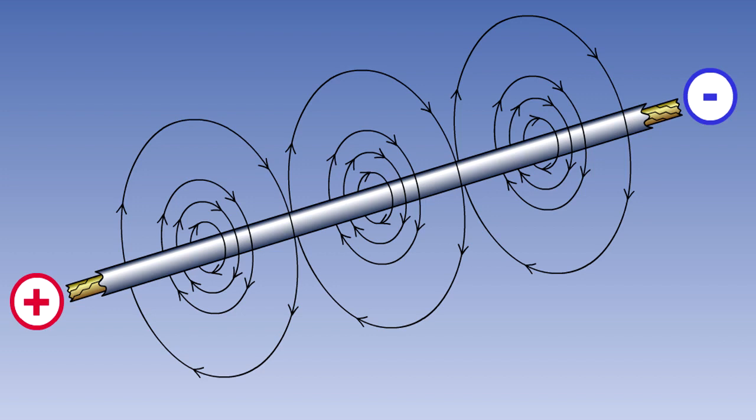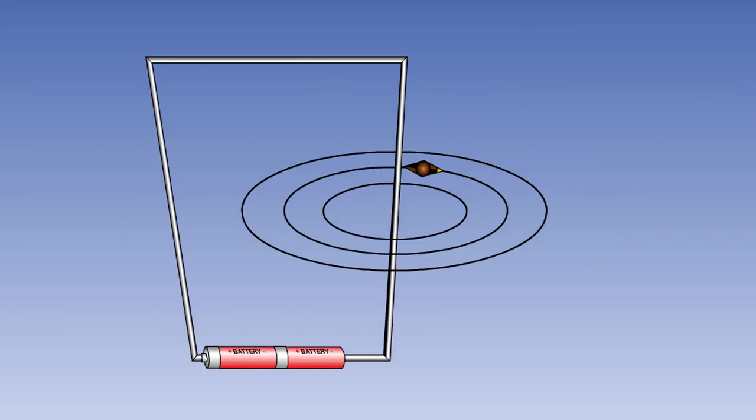That is, circles which are of different sizes, but which share the same center. The magnetic field lines always point in a specific direction around the wire, either clockwise or counterclockwise, depending on the direction of the current flow in the wire.